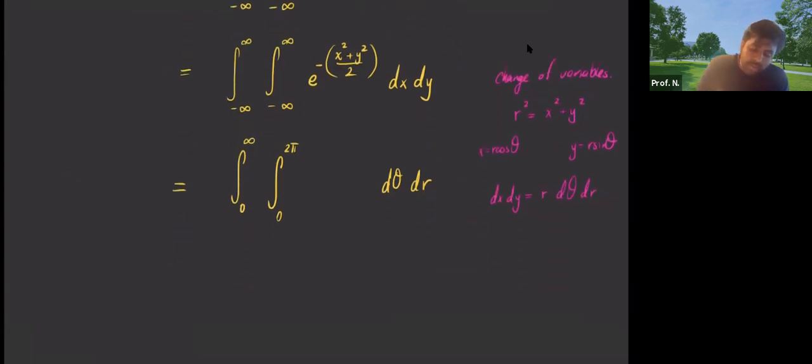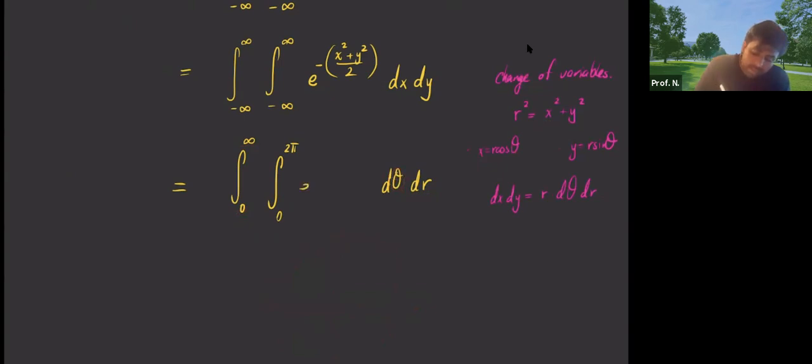Theta goes from 0 to 2 pi because we're including everything around, right, the region from 0 to 2 pi, and r goes from 0 to infinity because x and y go from negative infinity to infinity, but because it's squared, it's always going to be a positive number. So r will always be something from 0 to infinity because it's a positive quantity. And theta ranges from 0 to 2 pi.